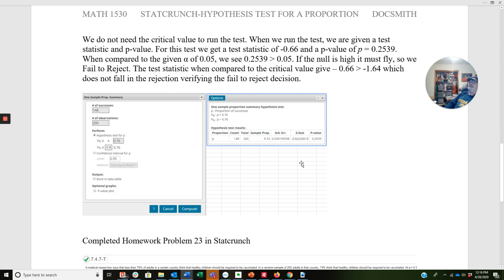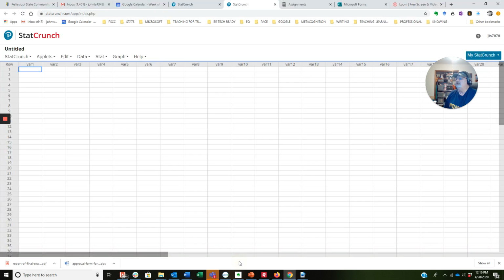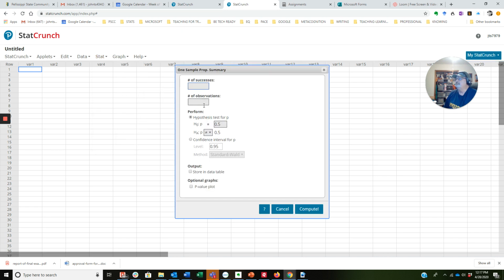When I run the test over here, you'll notice there's my x, there's my n, there's my z-stat, negative 0.66, and there's my p-value, 0.2539. So what does this look like? Let's pull up StatCrunch and see. Stat, Proportion Stats, One Sample, With Summary.